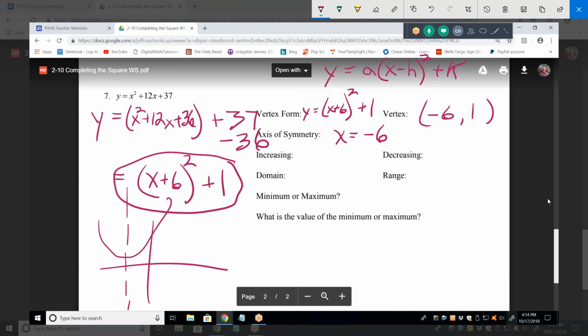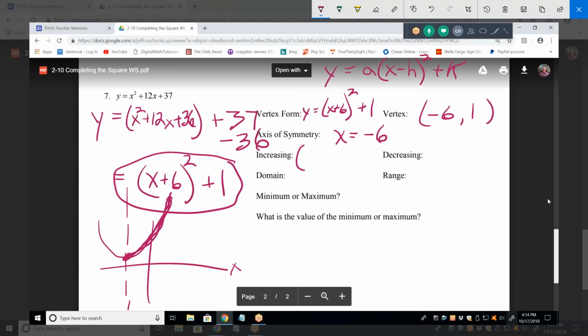Okay, where is it increasing? It's hard because I don't have a visualization of it. Well, look at what I've drawn over here. It's increasing from 1 to infinity. They want the x coordinates of where.